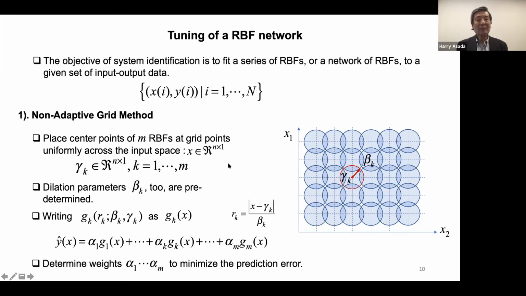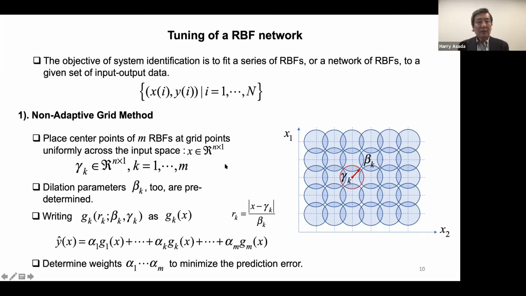Well, oftentimes we don't need 100. Maybe 10, 20 radial functions are typically used. But we place these at every grid like this, right? So the center point gamma k is basically these grid points.